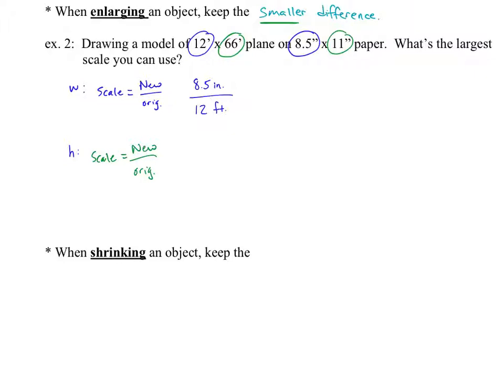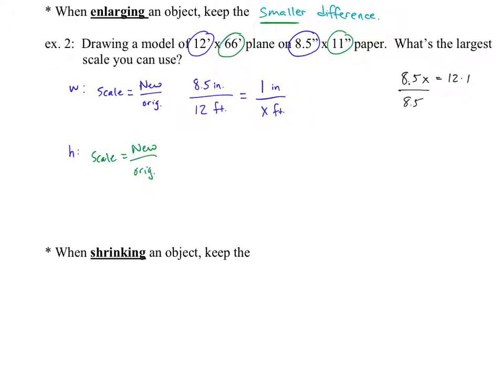And since the 8.5 is the smaller number, I'm going to put my 1 up there. So 1 inch is going to be x feet. So cross multiplying, I'm going to start with this one here, because then I get my x on the left-hand side. So that'll give me 8.5 times x equals, when you're cross multiplying, you go the other direction, so 12 times 1, which is really just a 12.